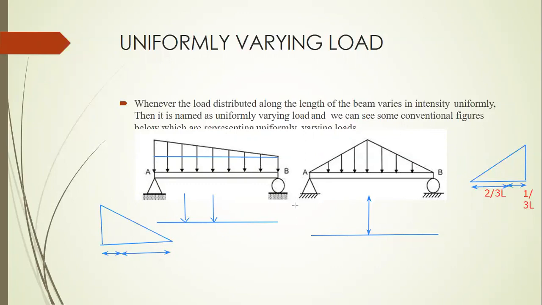Okay, 2/3 of L. This is 2/3 of L, and this is L by 2 from either end. For this point load, the distance will be 1/3 of L from this end and 2/3 of L from this support. Okay, so that's how you are going to convert it into a point load. That you will understand while solving the problems.